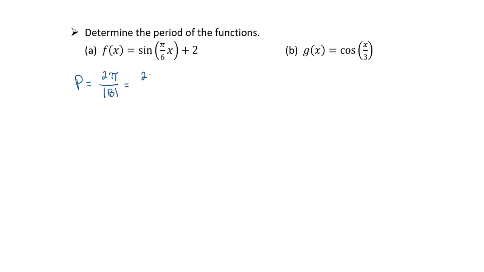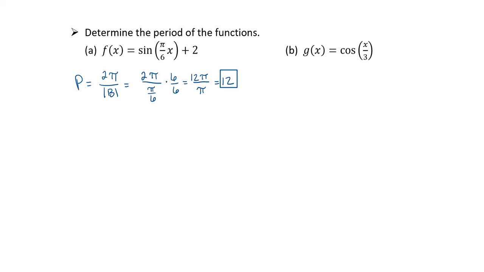I know 2 pi is then over the absolute value of pi over 6, which is pi over 6. I can multiply this by 6 over 6 to give me 12 pi over pi, which is just 12. The period of that function is 12.